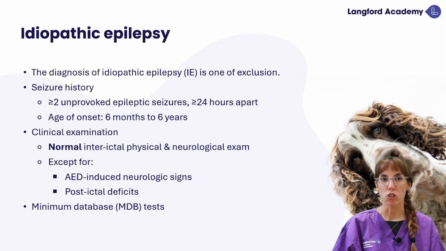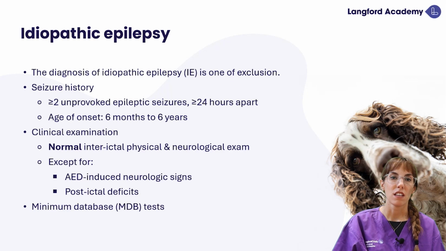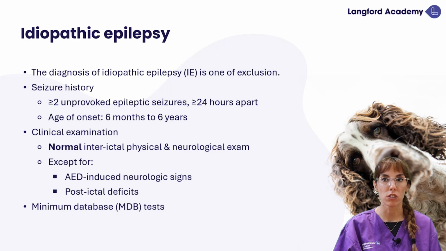Then I guess a history of at least 2 seizures 24 hours apart, and you have an unremarkable or completely normal neurological exam and general assessment, except for the post-ictal period, as well as the, let's say, side effects you get with drug administration, especially anti-epileptic drugs, can cause some side effects on your patients, okay?